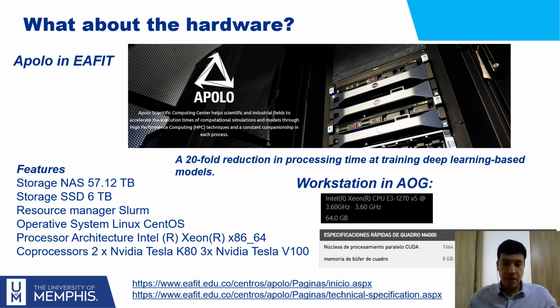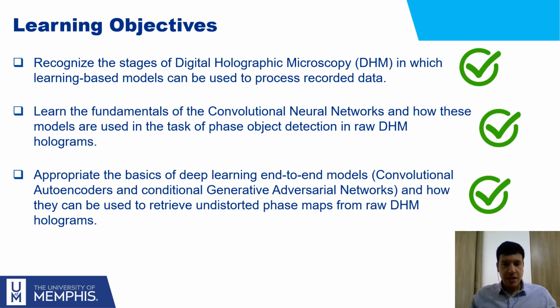But the good news is that there are institutions around the world providing hardware resources, and also we can buy some space or share resources on different platforms throughout the internet.